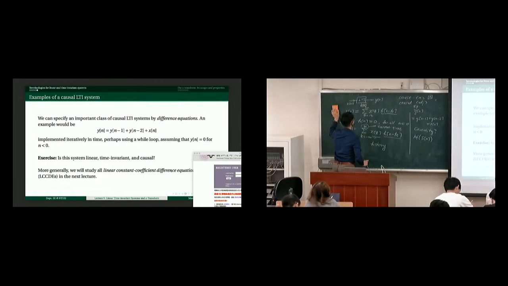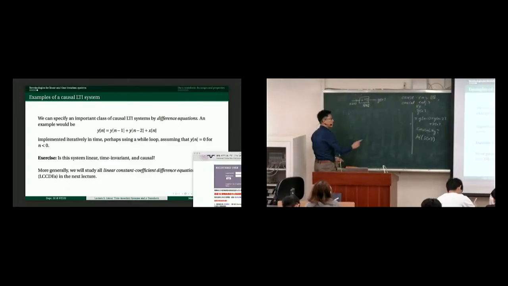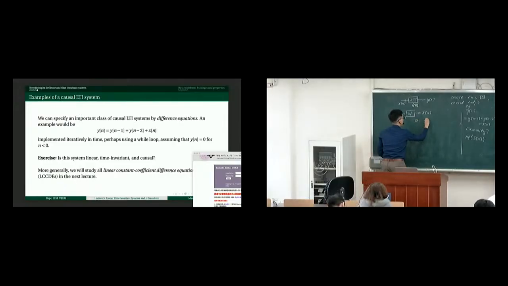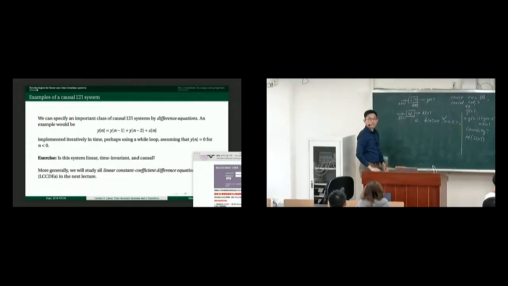Applying the concept you have just been introduced to, if you want to tell whether or not the system is causal, we just put delta into the system. It produces the impulse response, literally, and the question is: is h[n] all 0 for all times before 0? If the answer is yes, the system is causal. Is that clear?